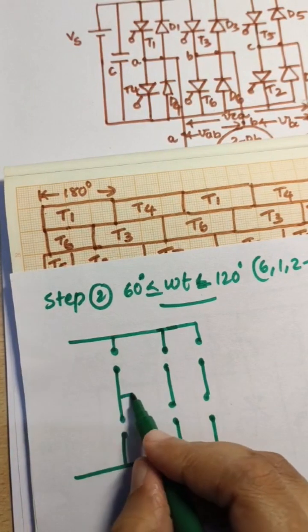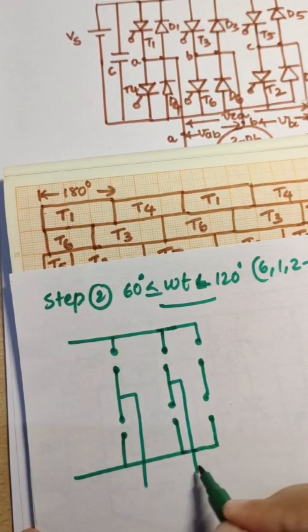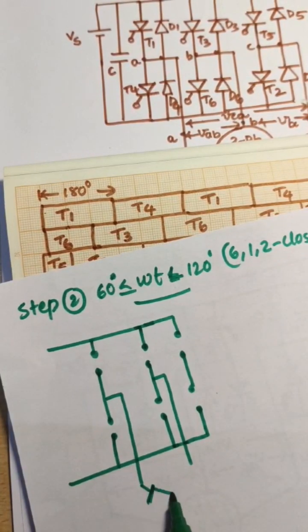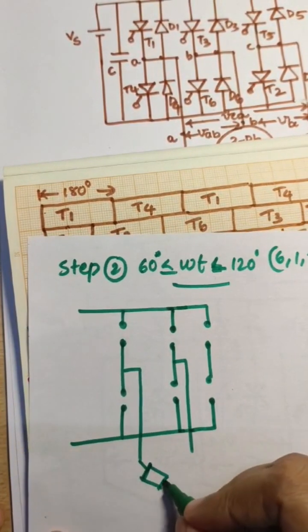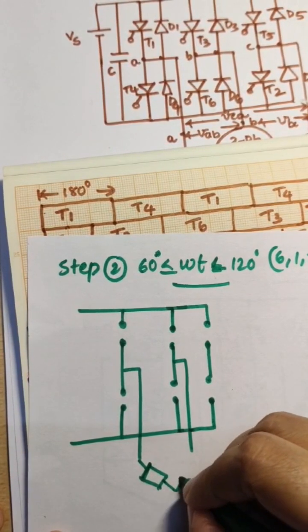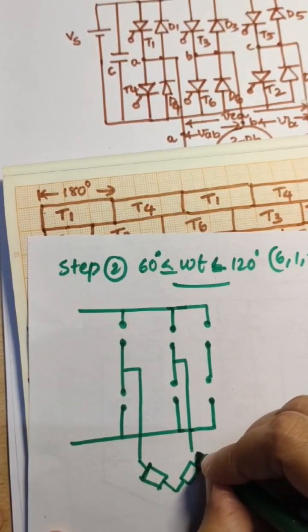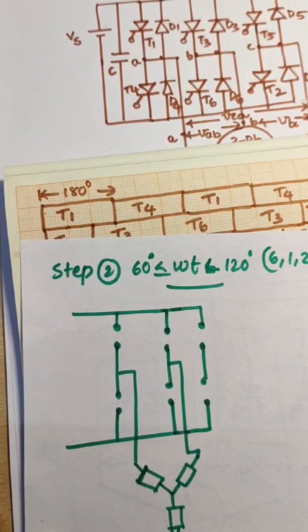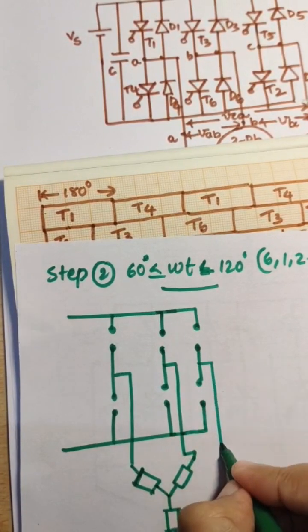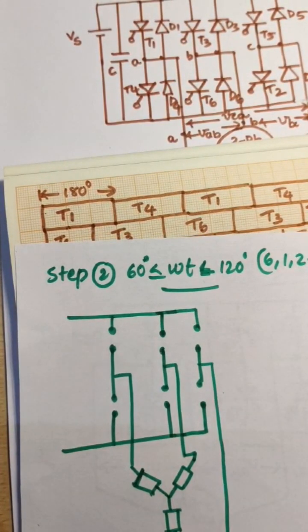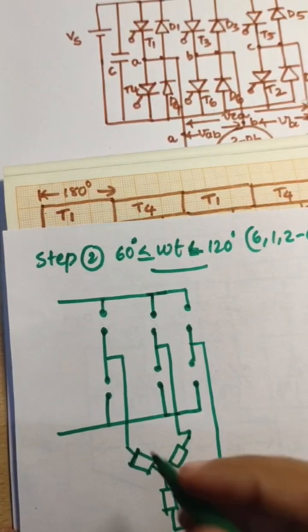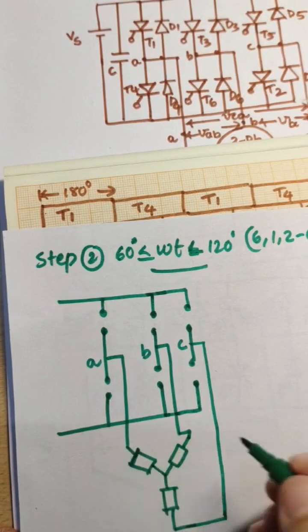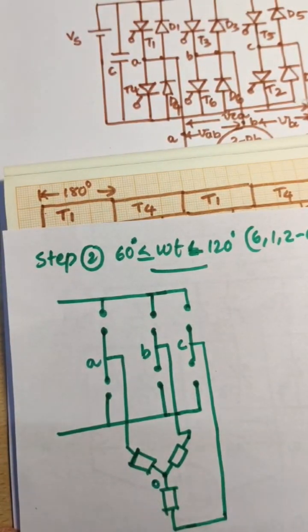Then draw the 3-phase load. A phase, so this is A, B and C. This is neutral.